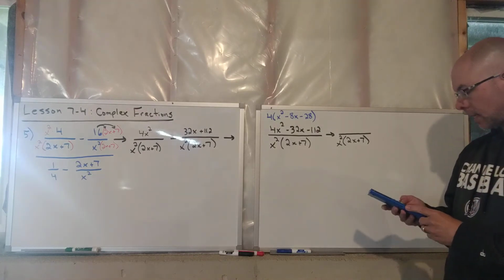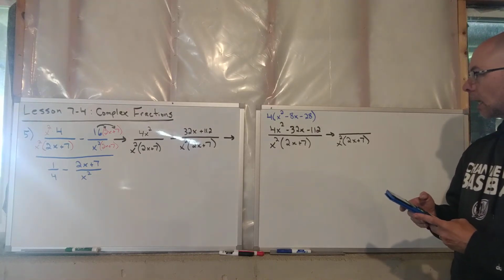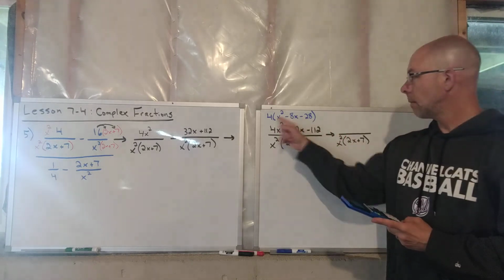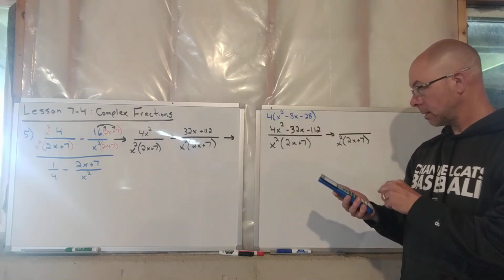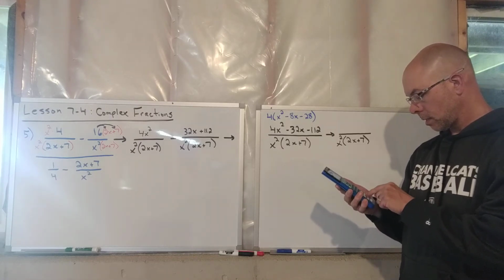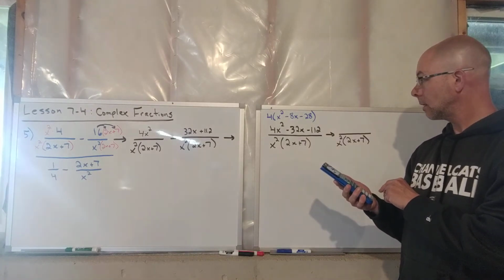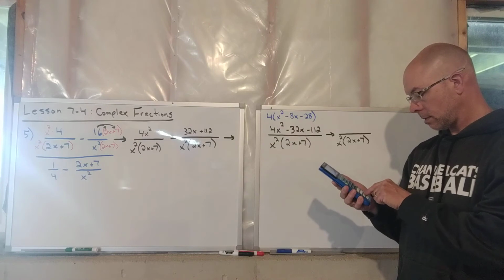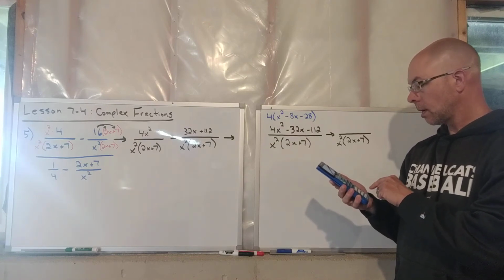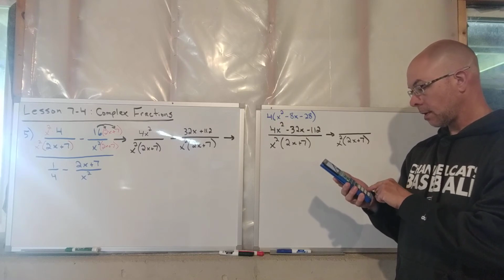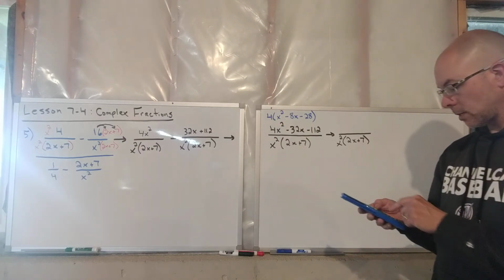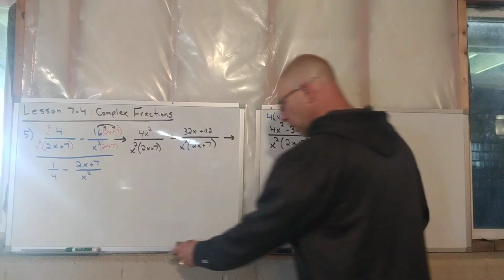And the reason I did that up there is because I was thinking maybe this would factor more, but I don't think it does. It does not. So I thought it might, thought it would work out for us.